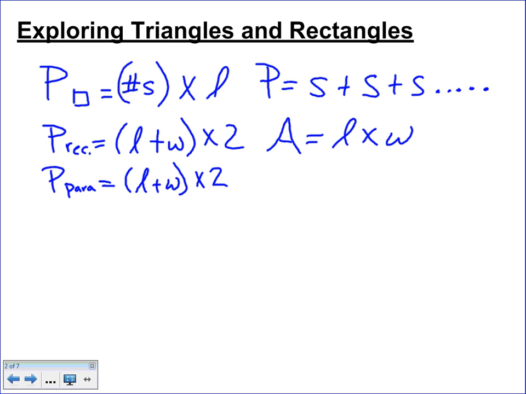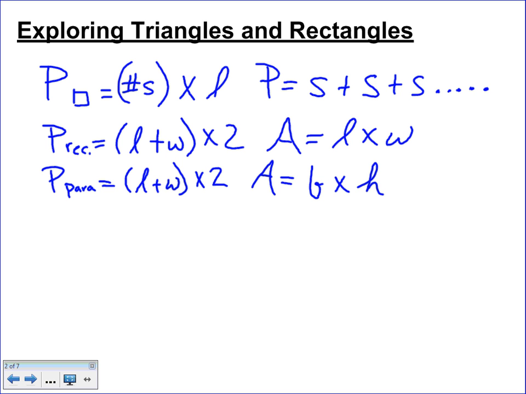The difference was in area, we were talking about base and height. So this is where we've come so far with perimeter of polygons: squares, rectangles, and parallelograms.